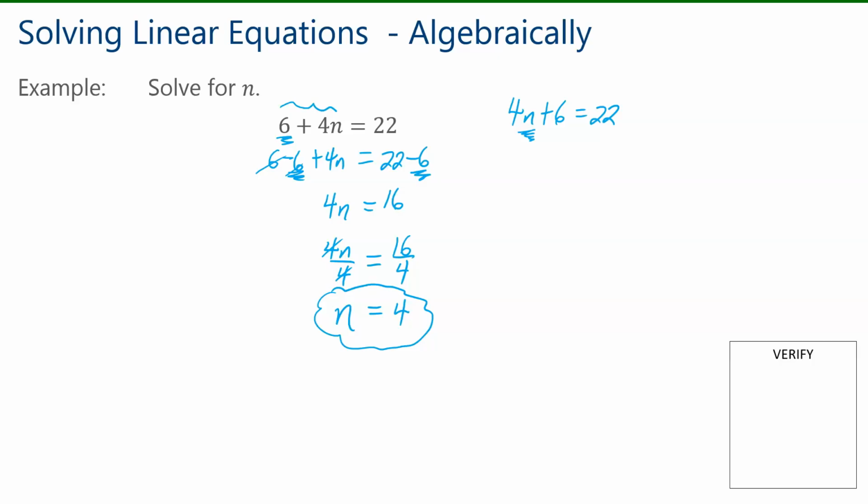Let's verify. 6 plus 4n, 22. 6 plus, in place of the n, I put 4. Do the multiplication first, because that's what order of operations tells us to do. We get 6 plus 16, and 6 plus 16 is 22. Our solution checks out.